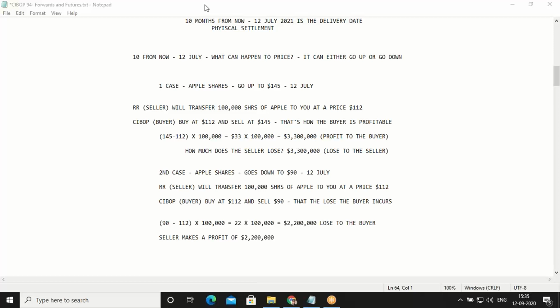So the role of the investment bank is that of a broker. Please understand that you cannot go to a retail bank like SBI and say, I want to enter into a forward contract. They are not going to understand anything that you said. So you can only do these with investment banks. Okay, sir.